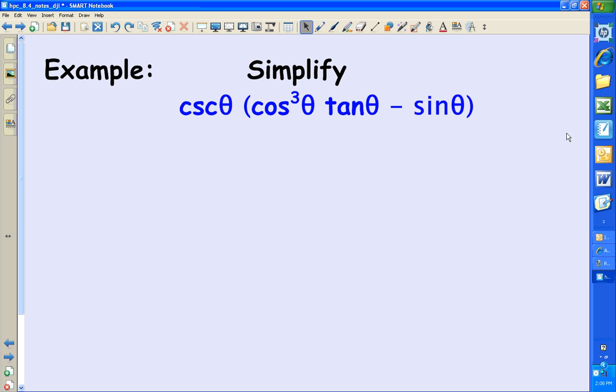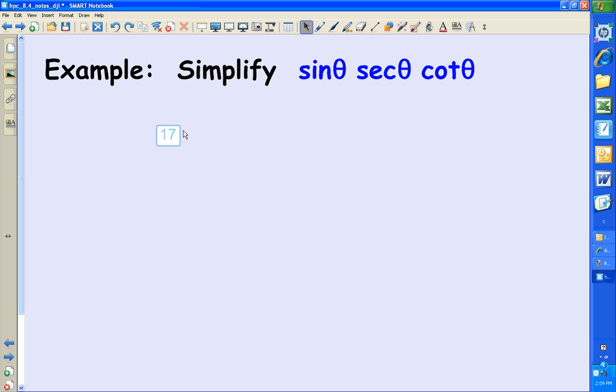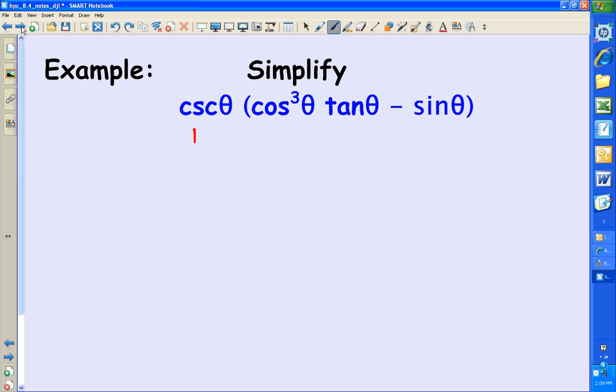First thing you might consider: cosecant theta is 1 over sine theta, times cos squared theta, cubed theta, and then change tangent to what?